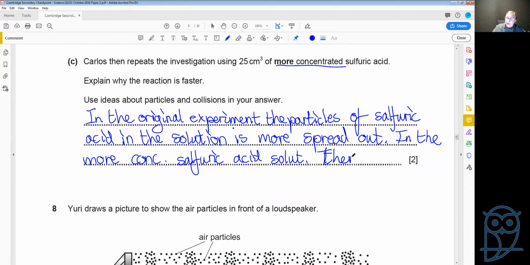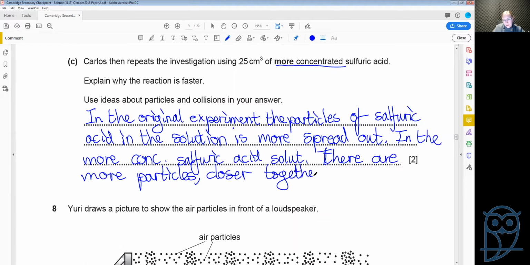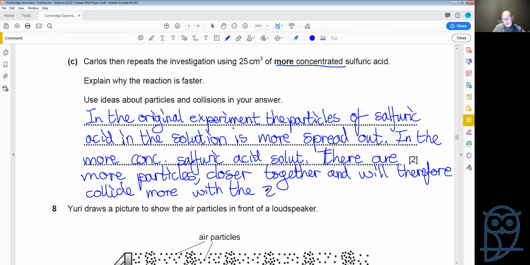So there are more particles closer together and will therefore collide more with the zinc. Okay, my handwriting is very big on these tablets.